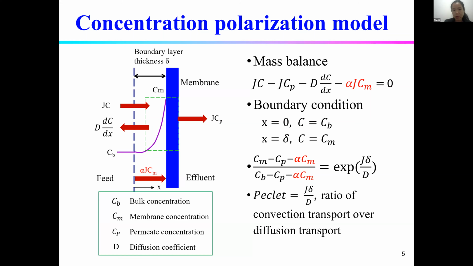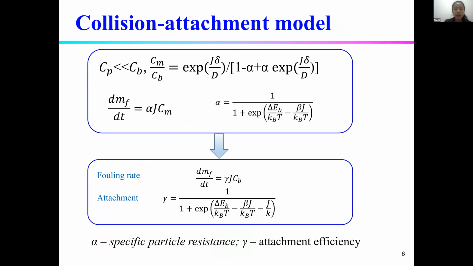In our model, we also include the attachment model, which describes that the fouling rate is proportional to the specific particle resistance times the flux and also the back concentration, and combined with the attachment, we can model the relationship between the attachment and the energy barrier.